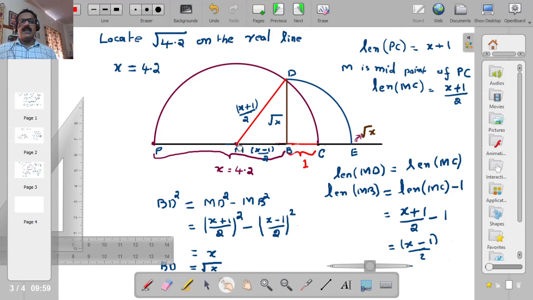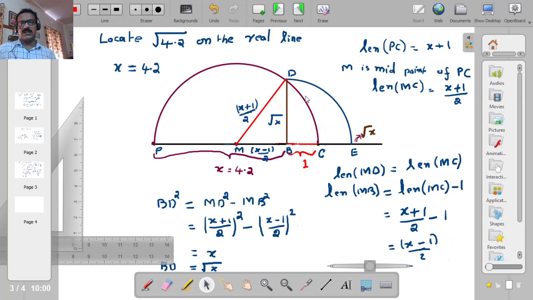Next we will draw a circle with radius equal to MC. M is the midpoint of this line segment. We have to draw a circle centered at M with radius equal to MC.